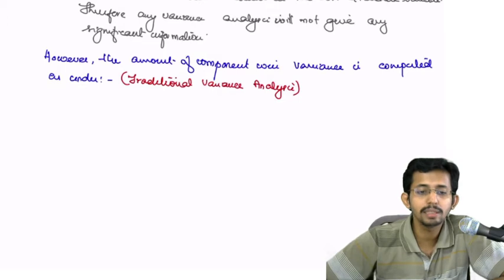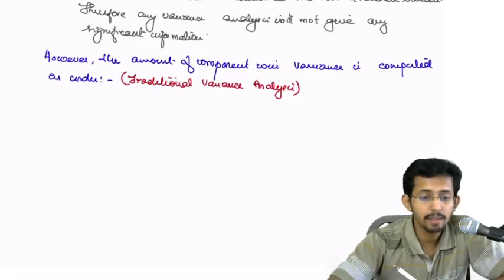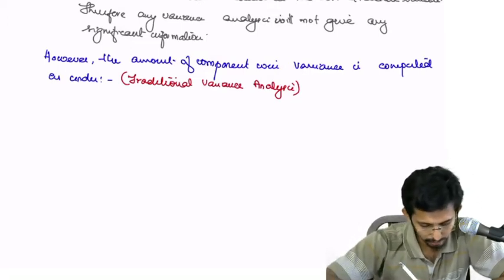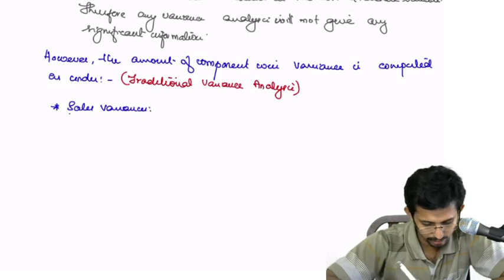What all could be the traditional variance analysis here? First, you will have to see the sales variances.